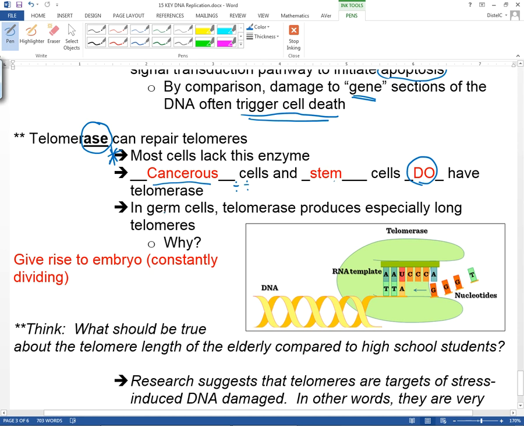And in germ cells, the beginning cells when an embryo is formed, telomerase produces really long telomeres. The reason is because those germline cells are giving rise to the embryo, and they're dividing constantly. So if you didn't have telomerase, you'd probably run out of telomere pretty quickly.